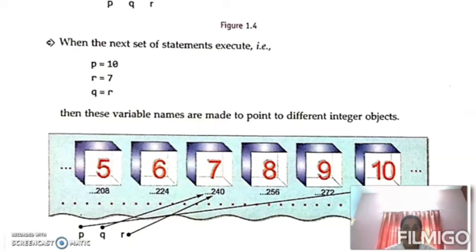That means we cannot change the value directly in immutable types. The previous value stays in its memory location. We cannot change the value at the memory location, which is known as immutability.